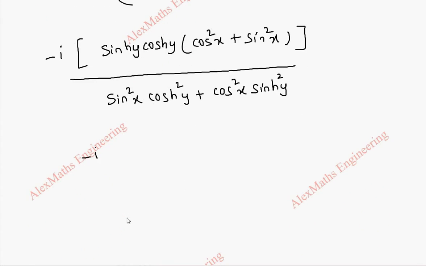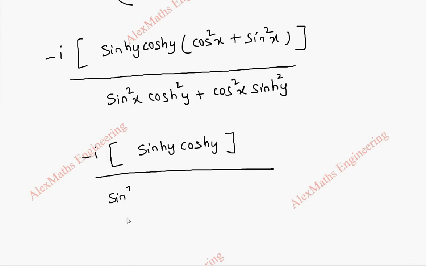So remaining is i into sinh y into cosh y whole division sin square x cosh square y plus cos square x into sinh square y.